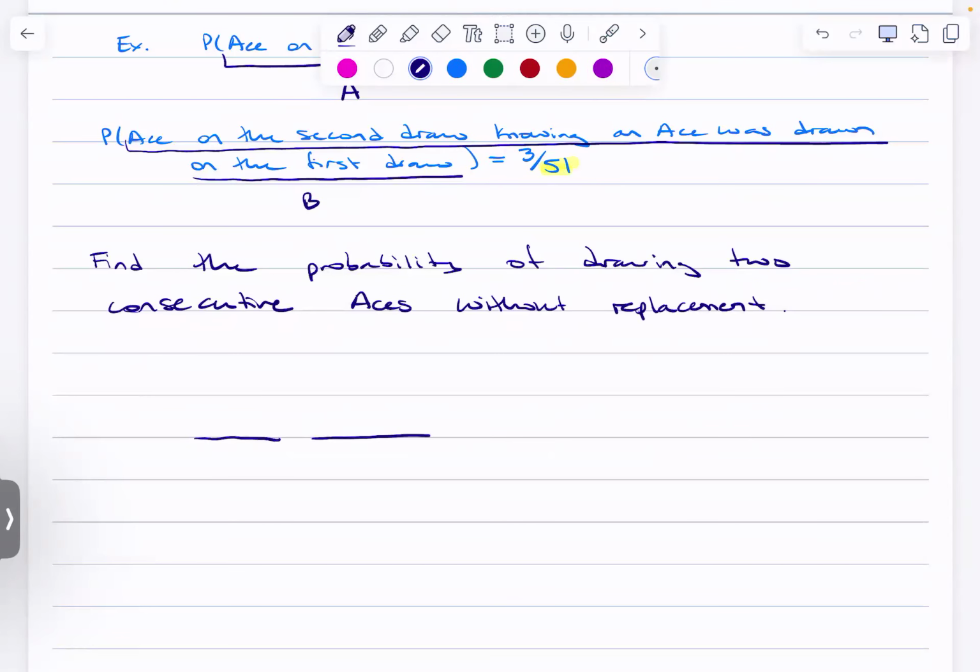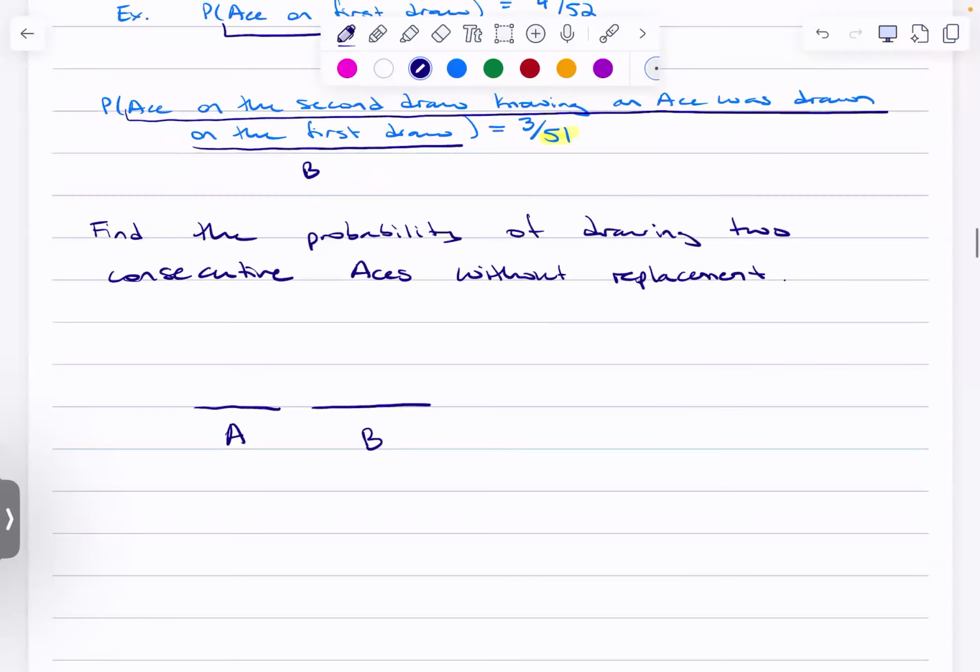But really what I want to do is I have these kind of empty slots, right? And here, event A happened, that's an ace on the first draw. B, not so much, right? But B had to happen as well, right? Drawing an ace on the second draw, knowing that I had an ace on the first draw, right?